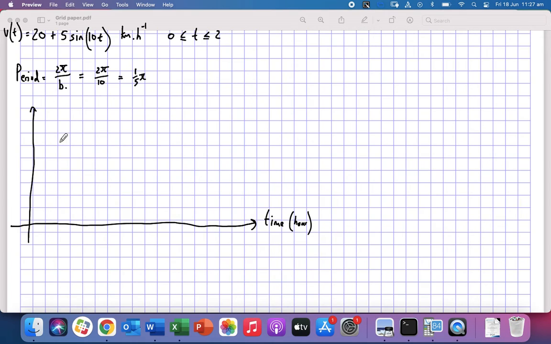Velocity is in kilometers per hour. Okay, we need to go up and then draw a principal axis in where the velocity was 20. That's because this sine wave has been lifted up by 20, which I can see here. Right.